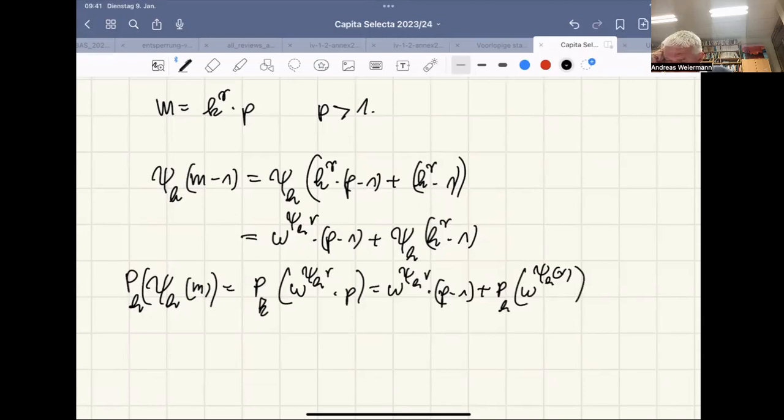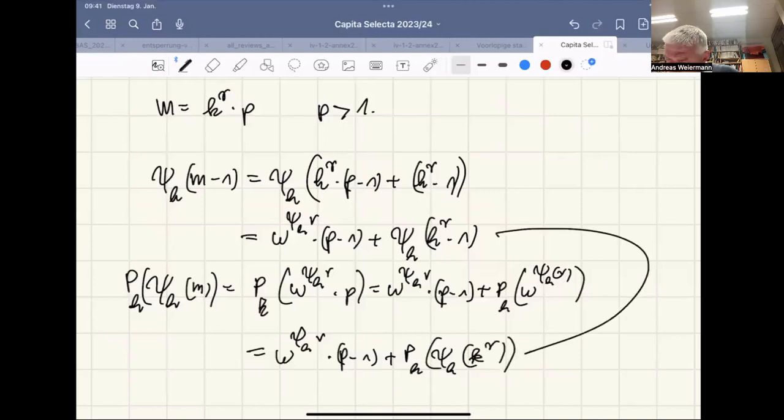And this is the same as omega to the pk of r times p minus 1 plus pk of ck of k to the r. And these terms are equal by induction hypothesis.